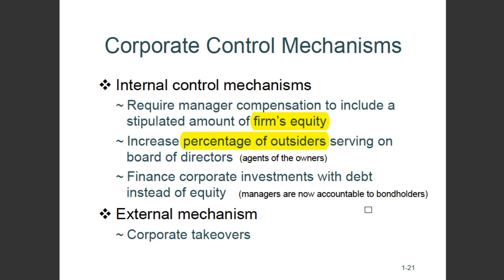So these are known as internal control mechanisms that help resolve the principal agent problem. If the value of the firm is affected, so too, that goes without saying, will the value of stock in the firm be affected.